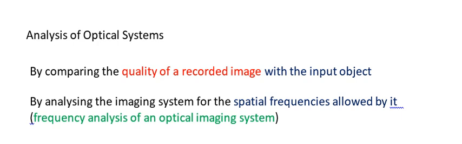The second way to analyze our optical system is by analyzing the imaging system for the spatial frequencies allowed by it, which is referred to as the frequency analysis of an optical imaging system. Spatial frequencies mean how many line pairs per millimeter, per centimeter or per inch exist in an object, and whether our system passes those spatial frequencies through the optical system undeviated, or whether there are deviations. That might happen if our system is not perfect.